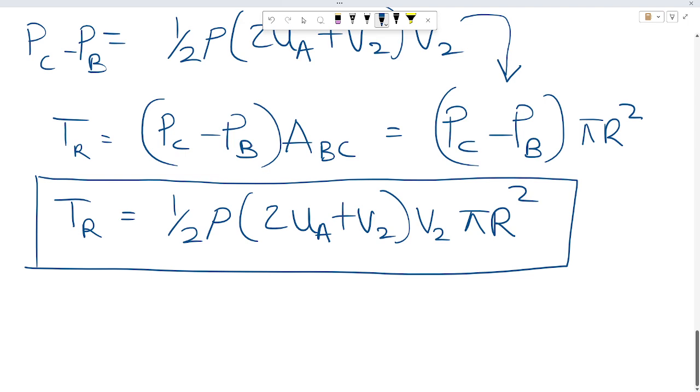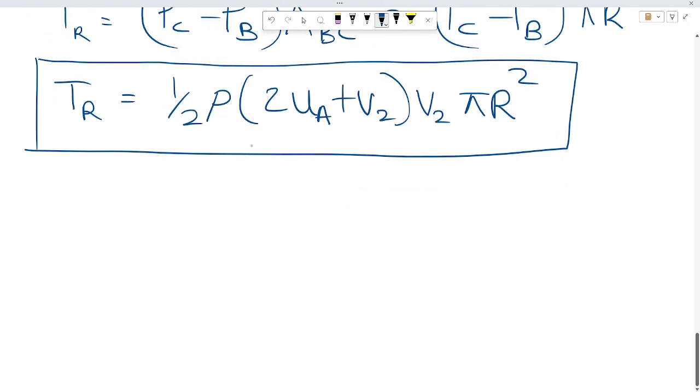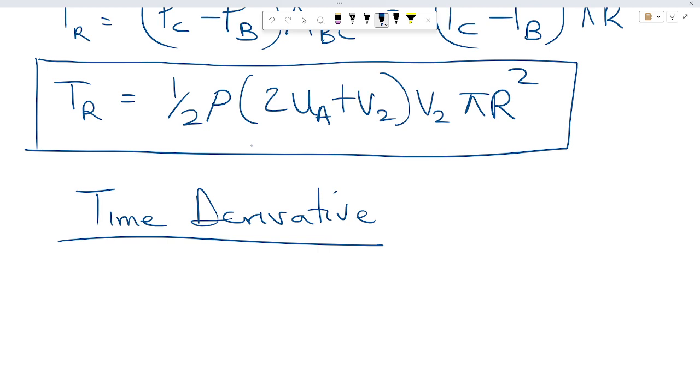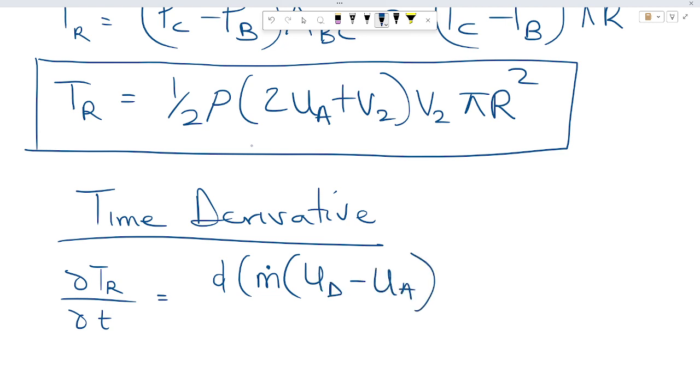Now, using the equation of the derivative of thrust with respect to time, that gives us UD minus UA over dt.